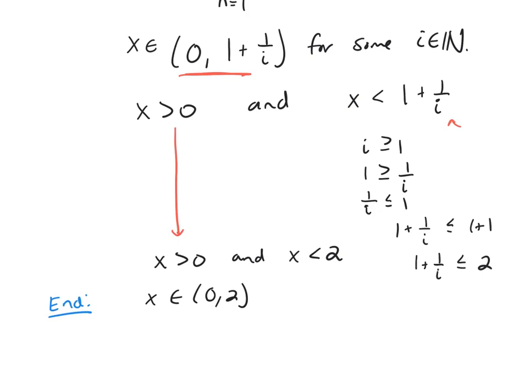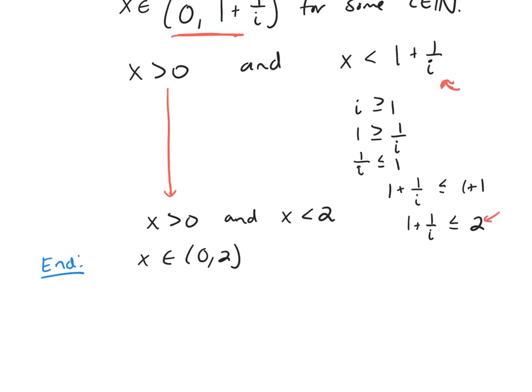Now I'm going to combine this inequality with the one up here. So x is less than 1 + 1/I, and 1 + 1/I is less than or equal to 2. So in the end, if I combine this into one line, it says x is less than 2. And that's exactly what I needed to get to here.